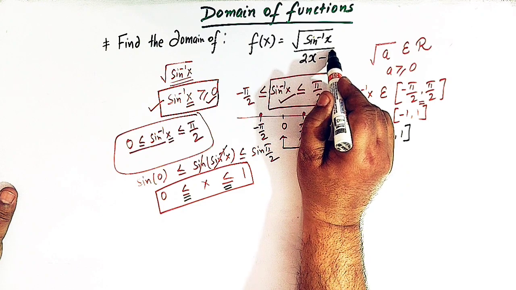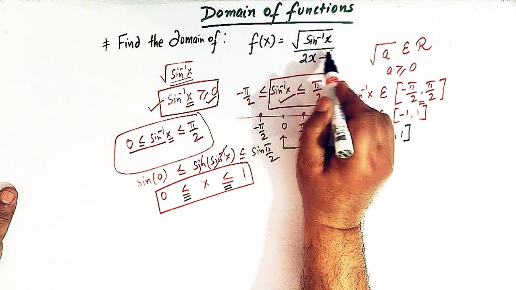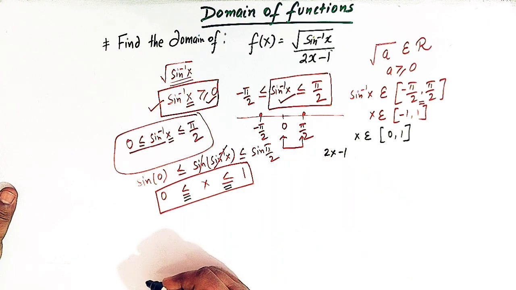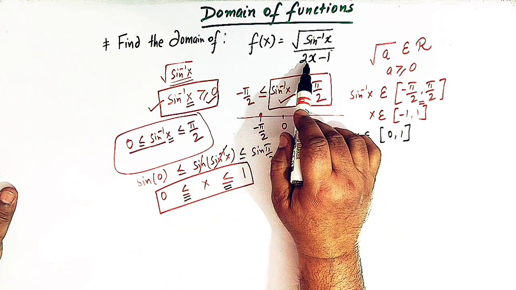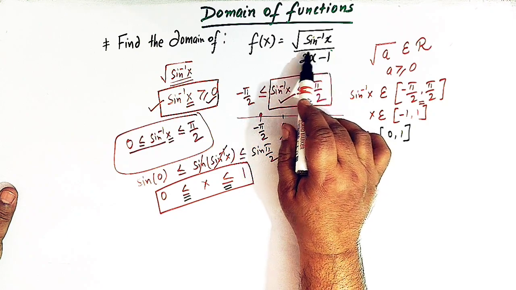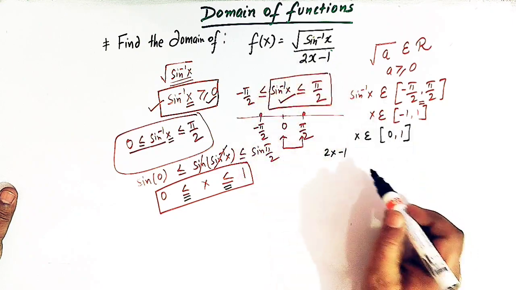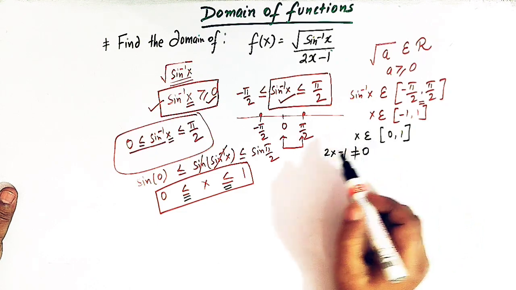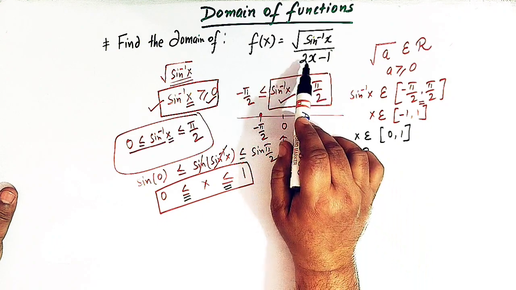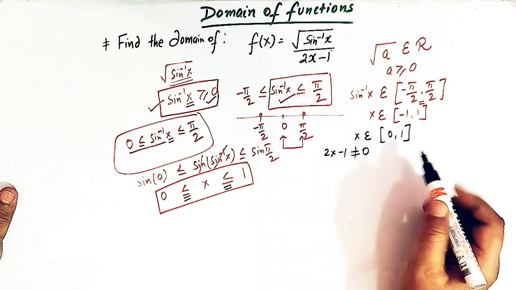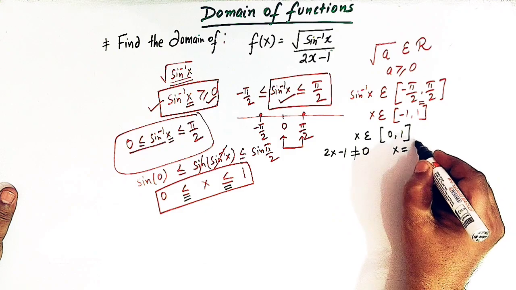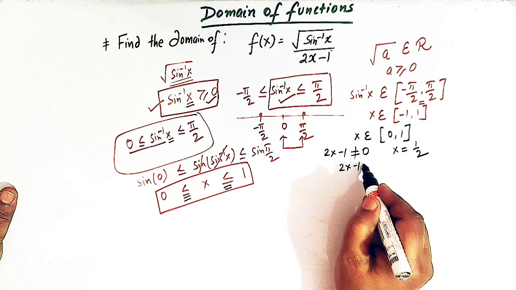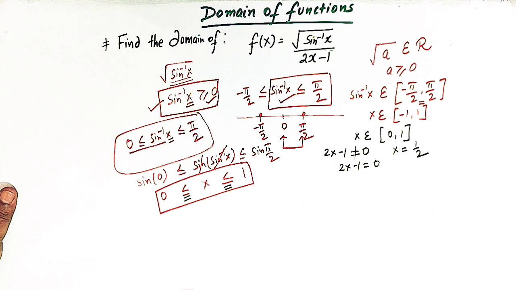So now let us consider this function which appears in the denominator. So here we have 2x minus 1, right? Now since this expression 2x minus 1 appears in the denominator, it should not be equal to 0, because the moment this expression takes the value x is equal to half, 2x minus 1 becomes 0, right?